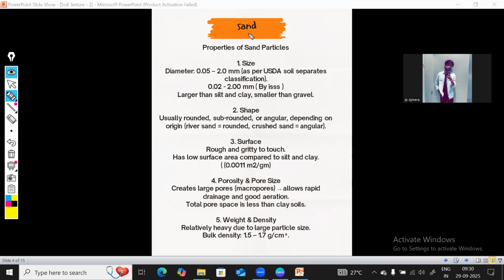So what does sand carry? Properties of sand. First we go with the size. We studied the size already. There were two classifications, USDA and ISS. In USDA, we start with 2 and end with 0.05 mm. In ISS, we start with 2 and end with 0.02 mm.